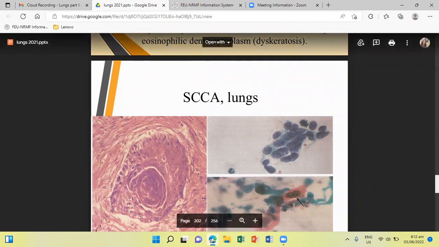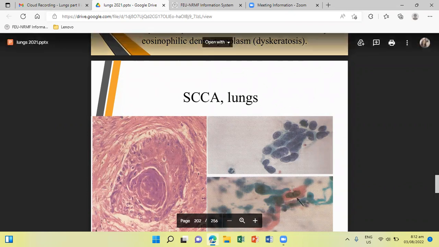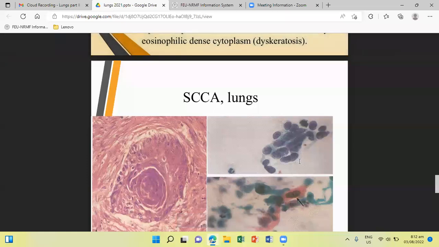But what if what we use is, for example, cytology, like sputum or bronchial washing or bronchial brushing? Then the images on the right are examples of cytologic examination. So this time you're studying a fluid specimen or bronchoalveolar lavage specimen.